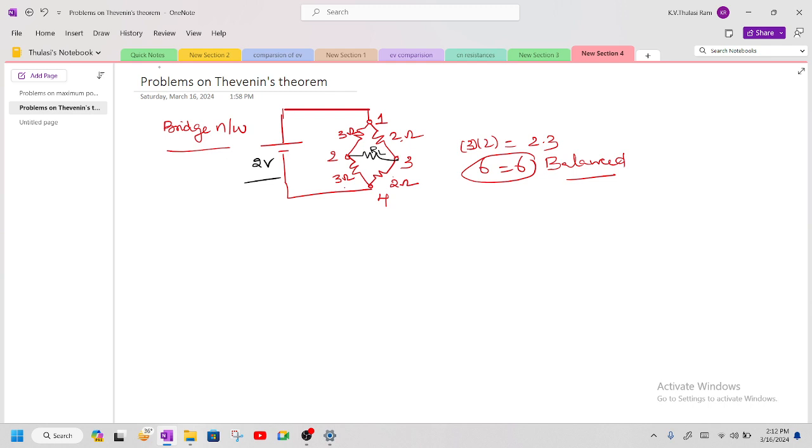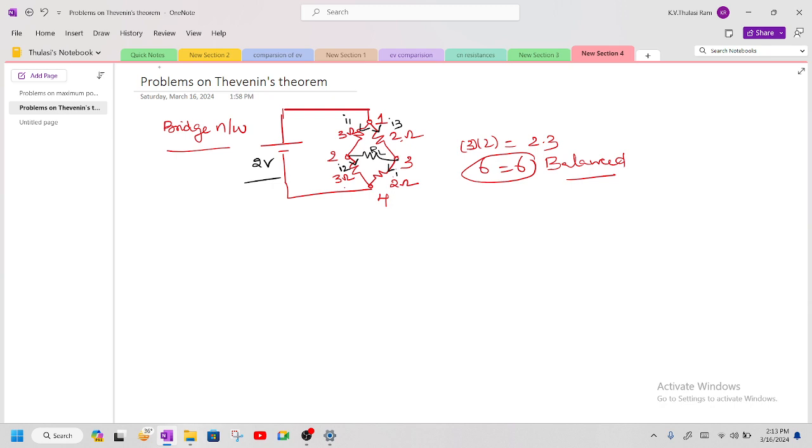Let's see how to solve the problem. Let us mark the current in this branch as I1, and the current in this branch as I2.